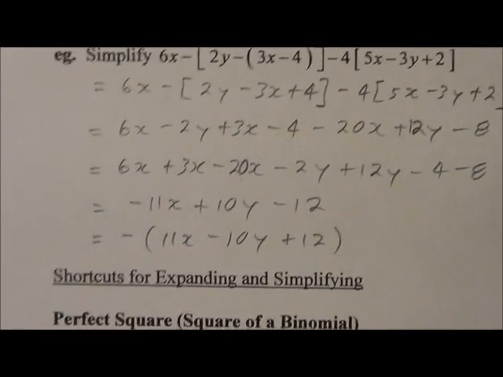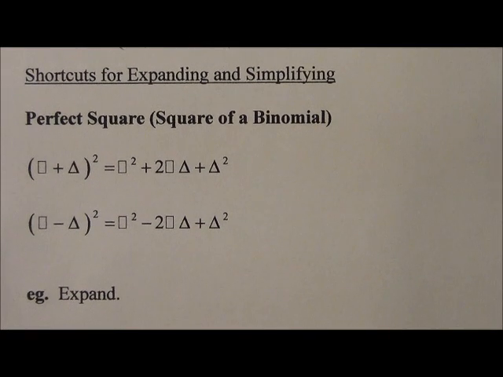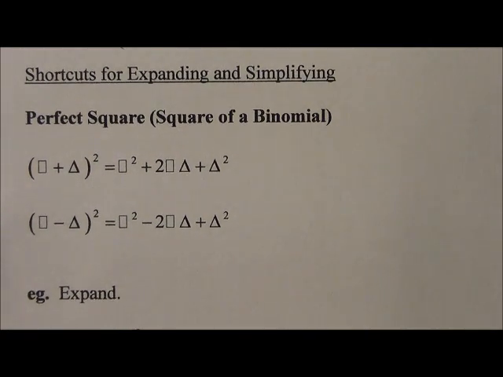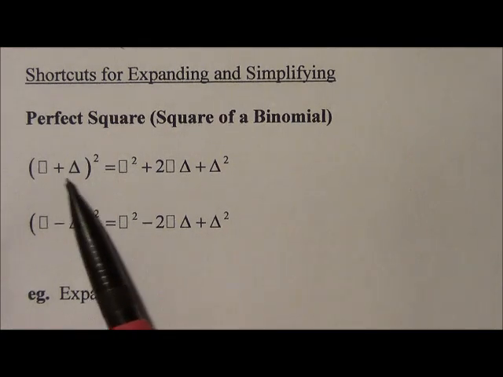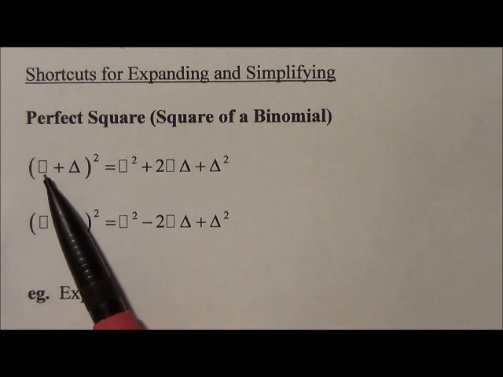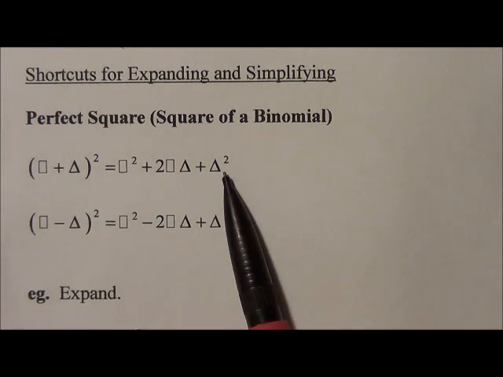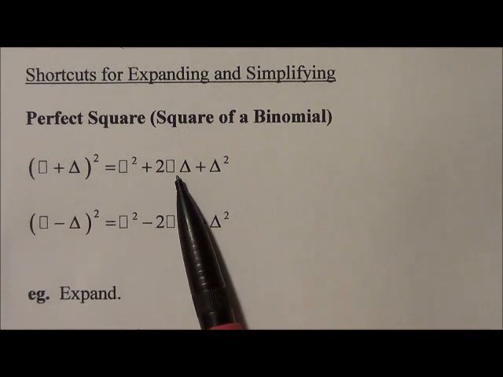Okay, so now we're going to move on to shortcuts for expanding and simplifying. If you see a pattern like this, if you see that it's the square of a sum, then it'll turn out to be like this. It'll be the square of the first term, the square of the last term, and in between it'll be 2 times the product of those two terms.